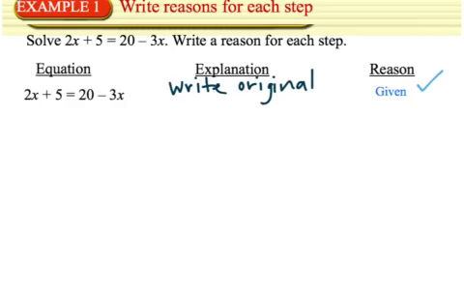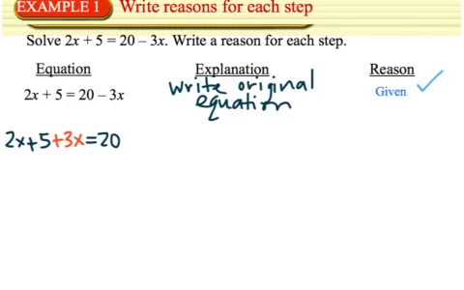Seems a little obvious or redundant, but just so you can kind of see what I'm doing. So that would be my first step, quote unquote. So the next thing I want to do, as I mentioned before, is I'm going to add 3x to both sides of the equal sign.